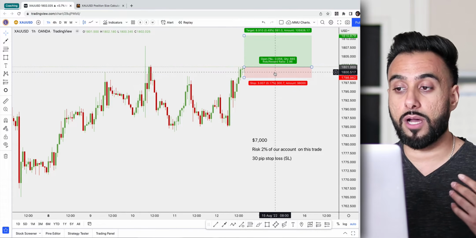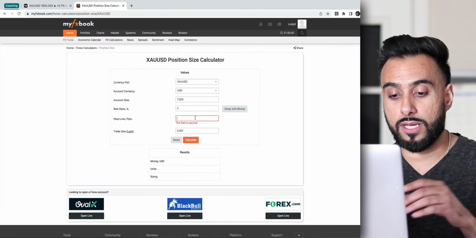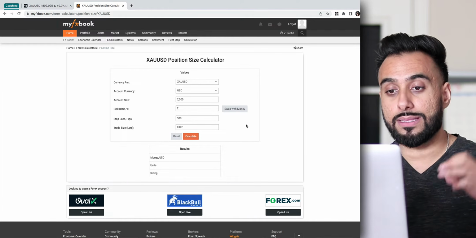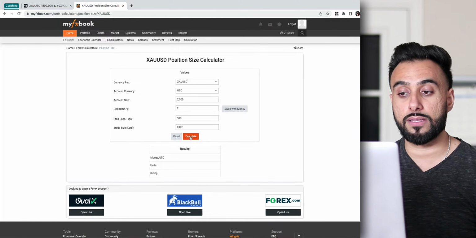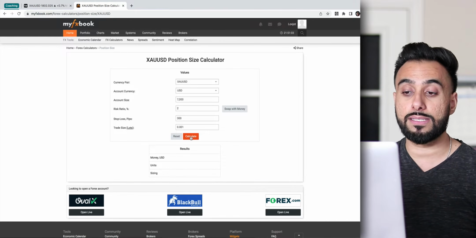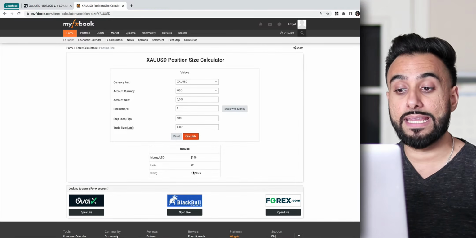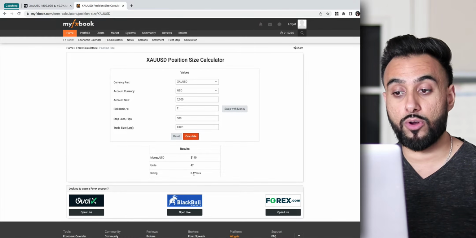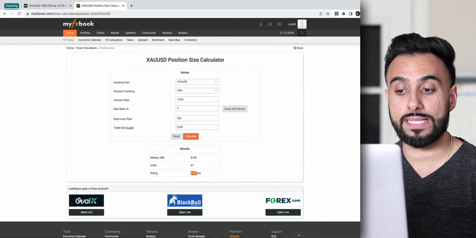Even though we have a 30 pip stop loss, we would actually write 300. That's the number you type here. So we type in 300, that's going to be the stop loss. Then we hit calculate, and that gives us the lot size and the amount of money we'll lose if we get the trade wrong. We'll see that the lot size, in order to enter this trade based on our parameters, needs to be 0.47 lots.